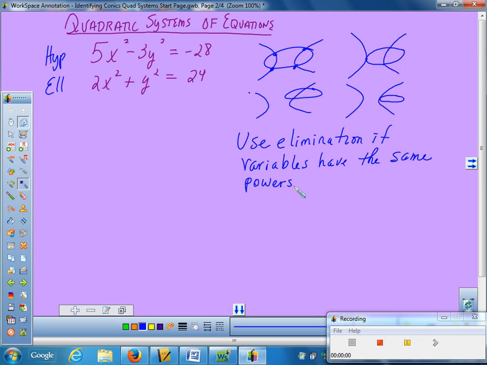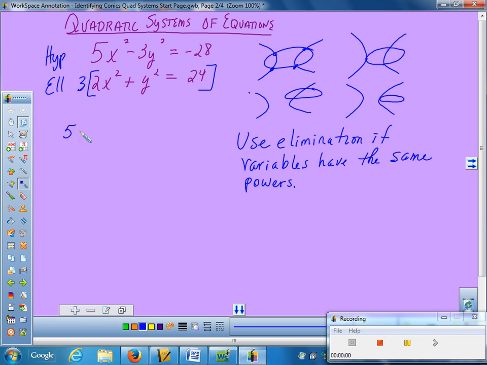Elimination actually comes out pretty sweet. So if I want to eliminate, which looks easier? Do I want to try to get rid of the x's or get rid of the y's? Y's looks easier. So to get rid of the y's, I would like both coefficients to become a 3. Since this one's a -3, I would like the bottom one to be a 3. And hopefully you'll remember, we just multiply the bottom equation by 3.